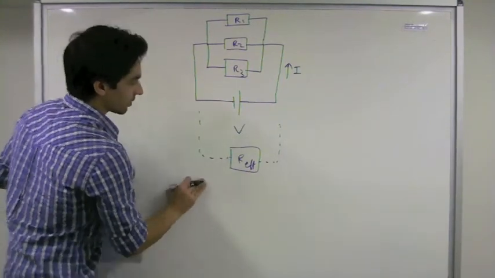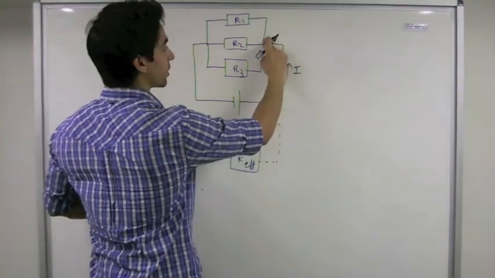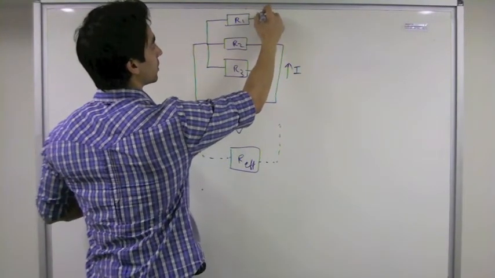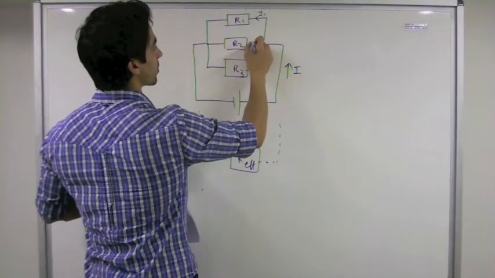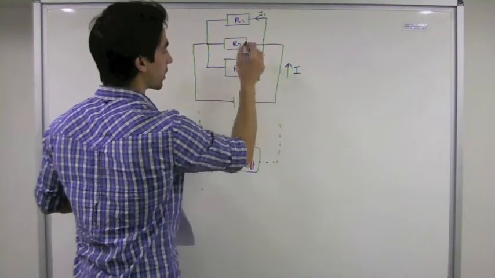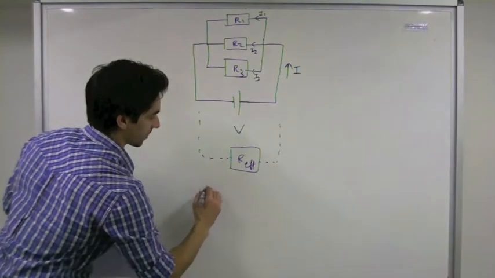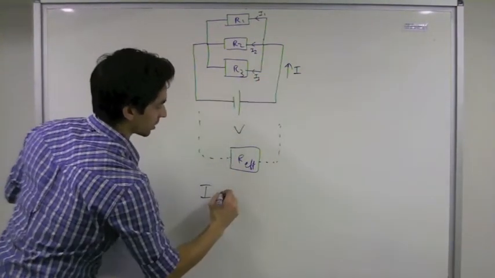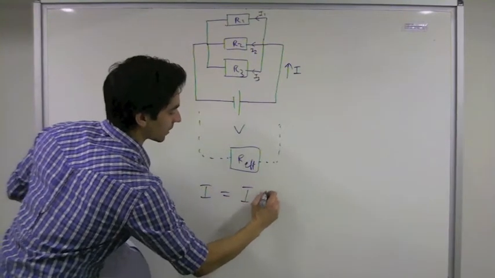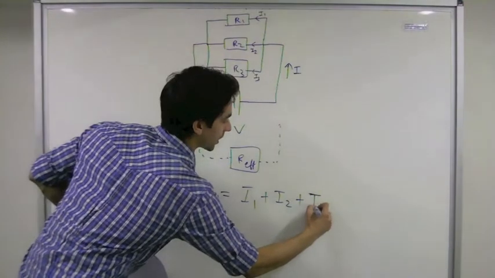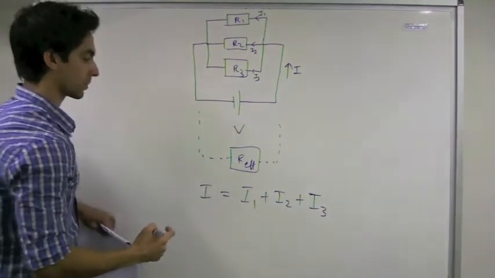So we know when the current is flowing here, this current is going to split up into 3 different currents. Let's say I1 here, I2 and I3. I know that I, which is the current flowing in the circuit here, is equal to I1 plus I2 plus I3, right?